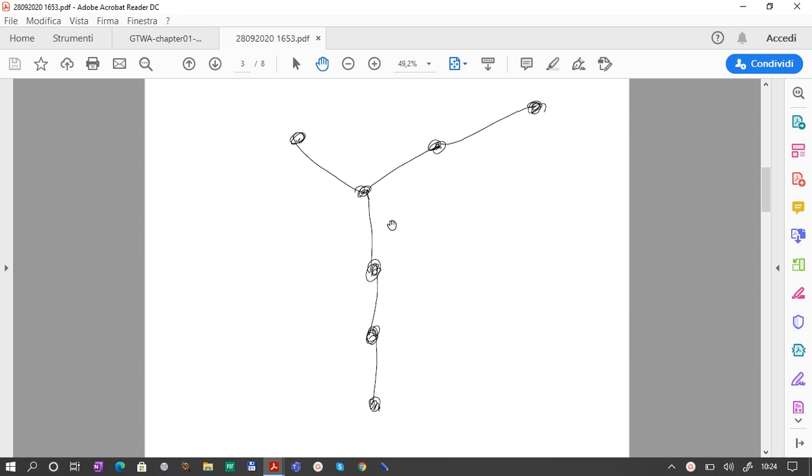Okay, so let's look. We have 3 vertices of degree 1, so in principle it might be possible to send this one to this one. Let's see why it is not possible. It all comes from this vertex, which is the only one of degree 3, and so it has to be sent to itself by an automorphism.